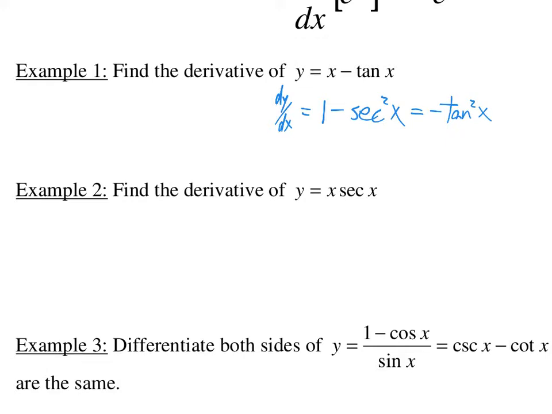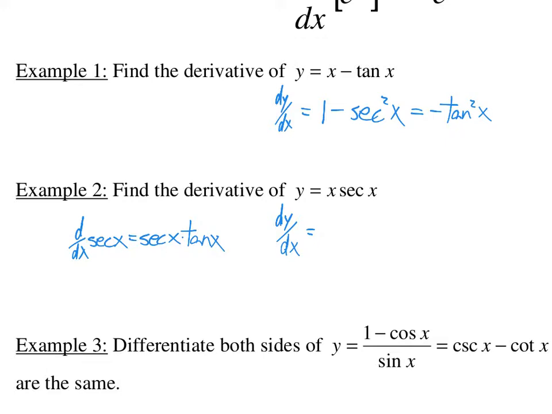So now, y equals x times the secant of x. If I'm gonna find the derivative, the derivative of secant is secant x times tangent x. How do we find it though if it's x times the secant of x? Product rule.